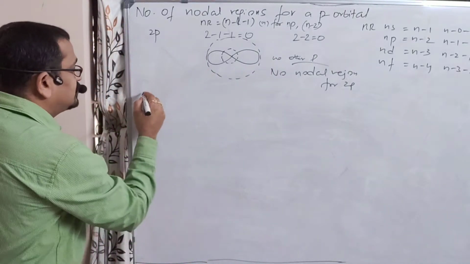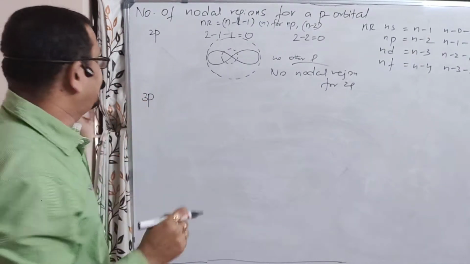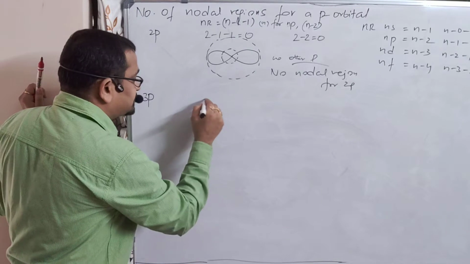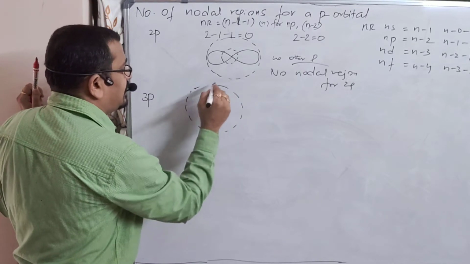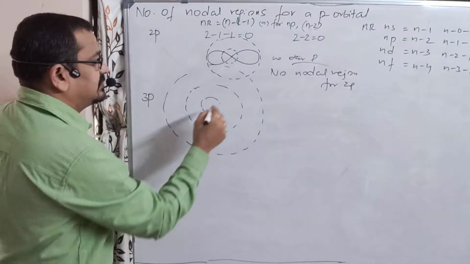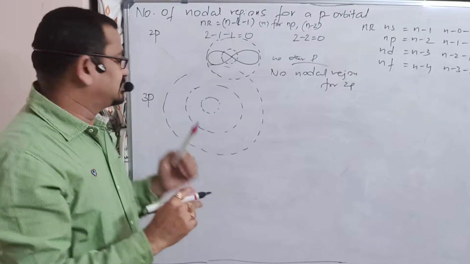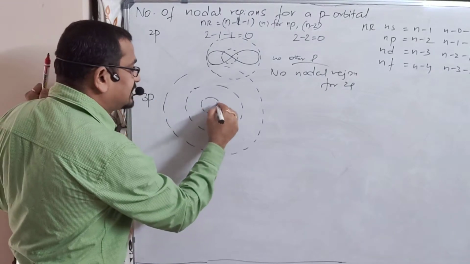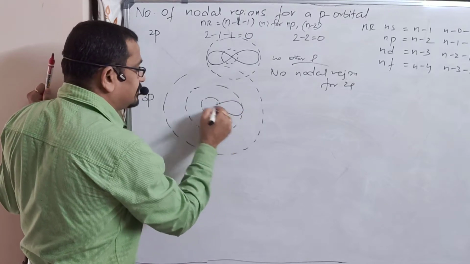When it comes to 3p, this is the first boundary diagram, second boundary diagram, and third boundary diagram. Again, in every case we have to study all these things. The first boundary diagram has only 1s. The second boundary diagram has 2s and 2p.